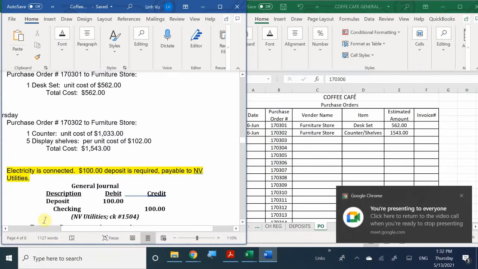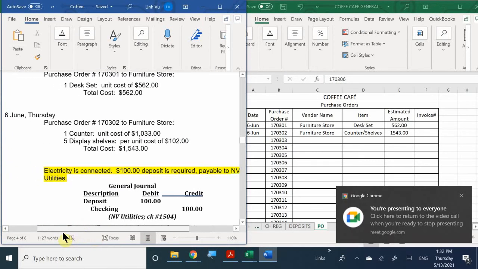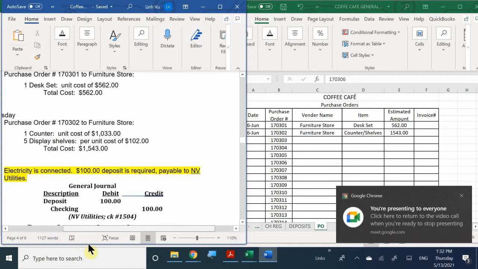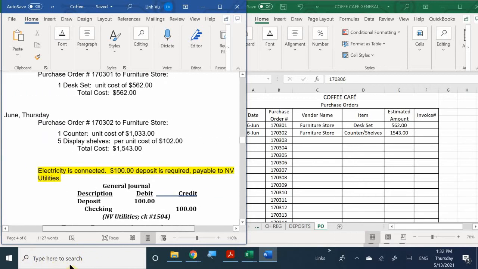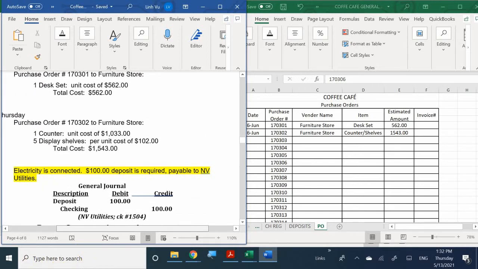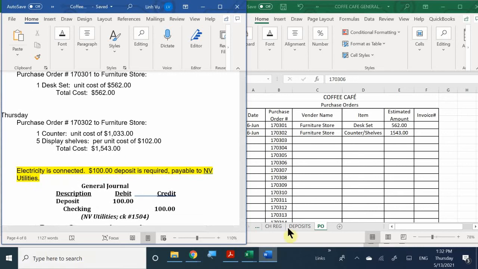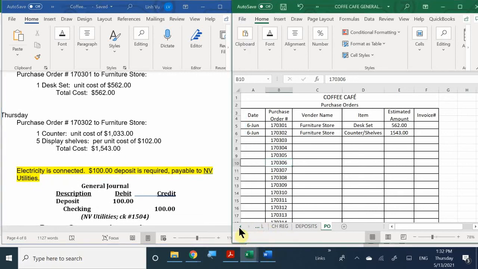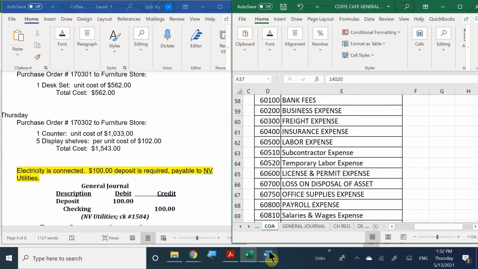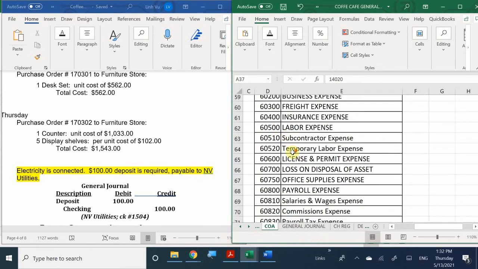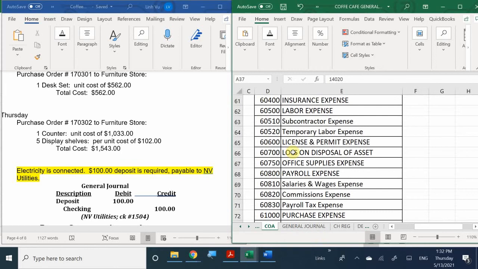So we need to write a $100 deposit, payable to NV Utilities, to turn on the electricity. Let's take a look at our chart of accounts here and see if we can determine what this deposit is going to be.